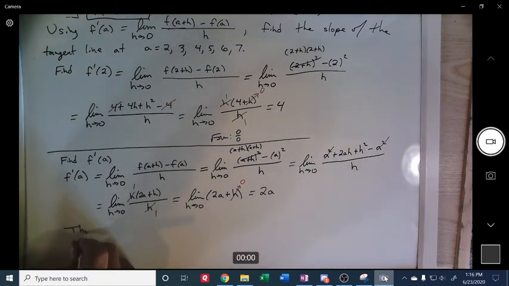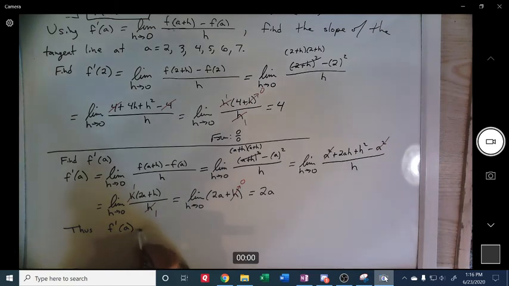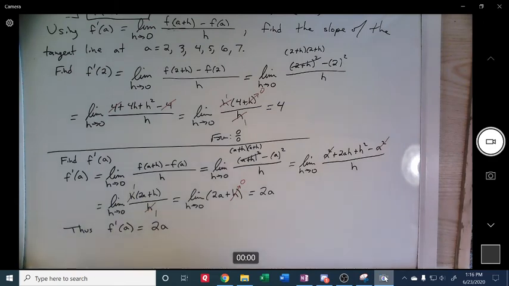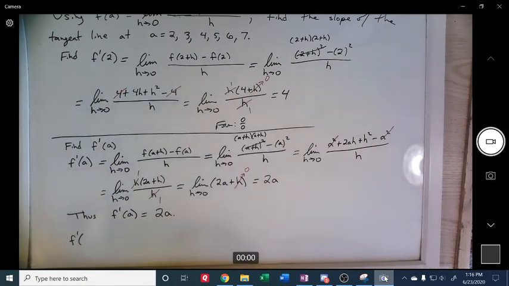Thus, f prime at any value a, the derivative at any point a, is always equal to 2 times a. Can we now find, yes, I was just going to say this is specifically for the function x squared.